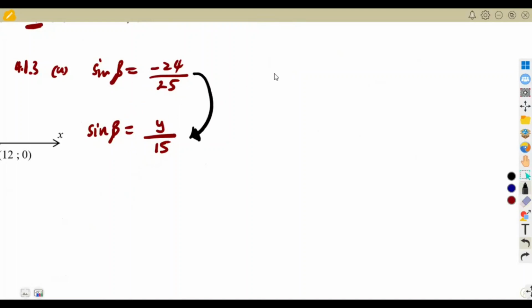If it is like that, I can formulate an equation, because I'm saying the sine of beta is equal to the sine of beta from the smaller triangle. So negative 24 over 25 must be equal to y over 15. How can I calculate the value of y now? Remember, what I want is the value of y.